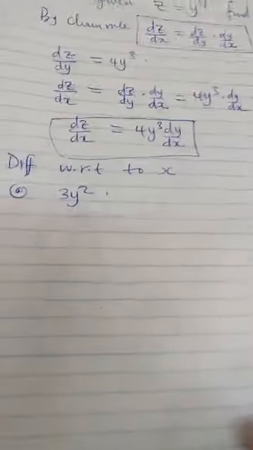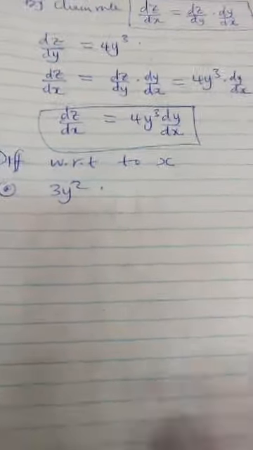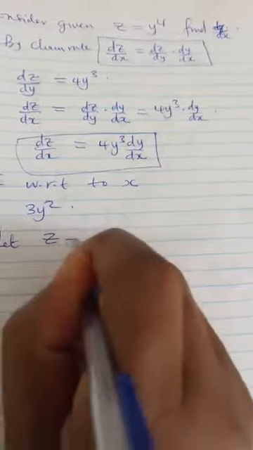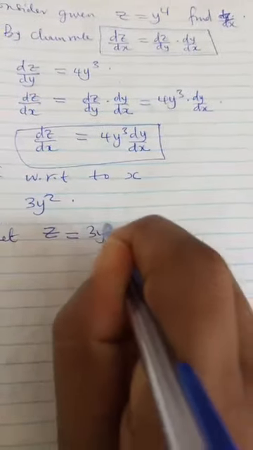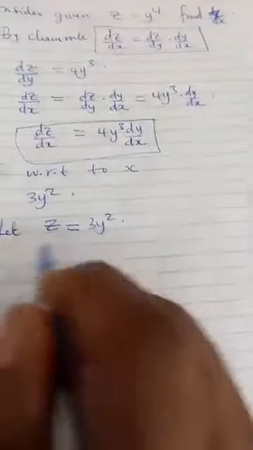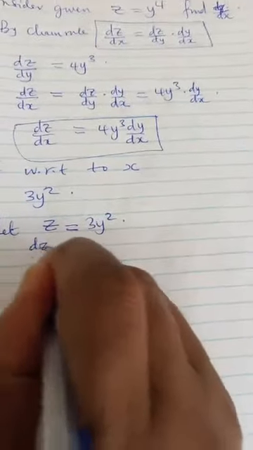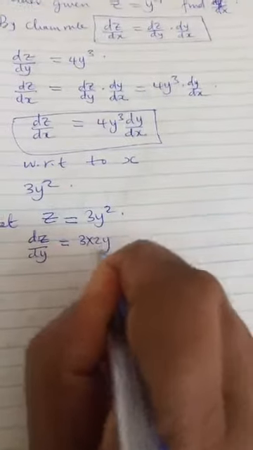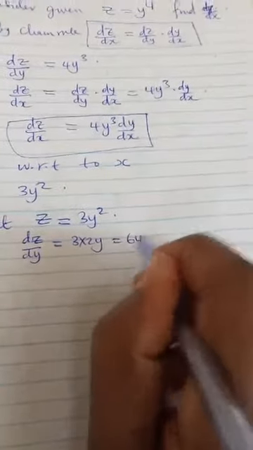3y squared. We have been letting y equal to. Now you must let another letter, and we have chosen that we can use z. Let z be equal to 3y squared. So get dz dy, which will be 3 times 2y, which is 6y.